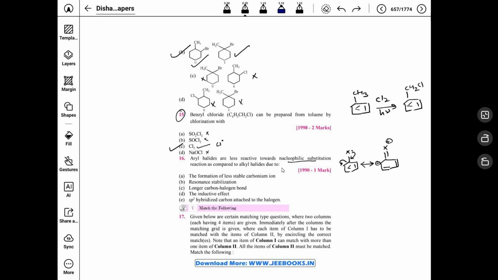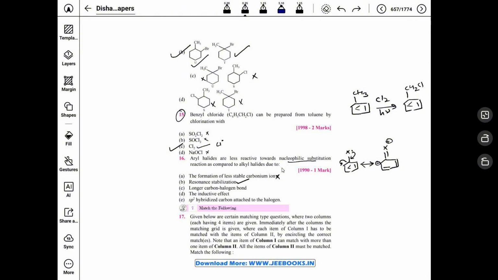The formation of less stable carbonium ion, this is not valid, because if this bond will not break, then it cannot form the carbocation. So there is no sense to talk about the stability of carbocation. Resonance stabilization, yes, as we have seen.